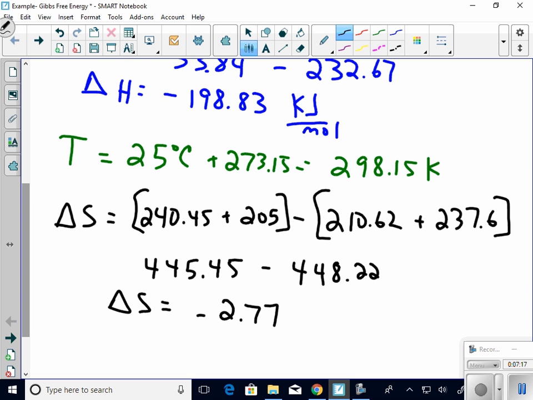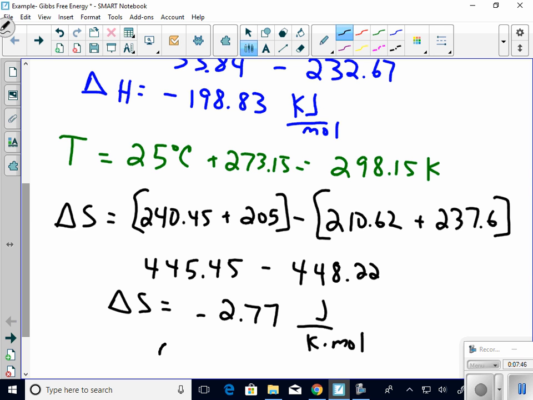But that is joules per Kelvin times mole. Correct? Because that is the label that I have at the top. So that is joules, and I need that to be in what? Kilojoules. So how do I convert from joules to kilojoules? 3 places to the left.